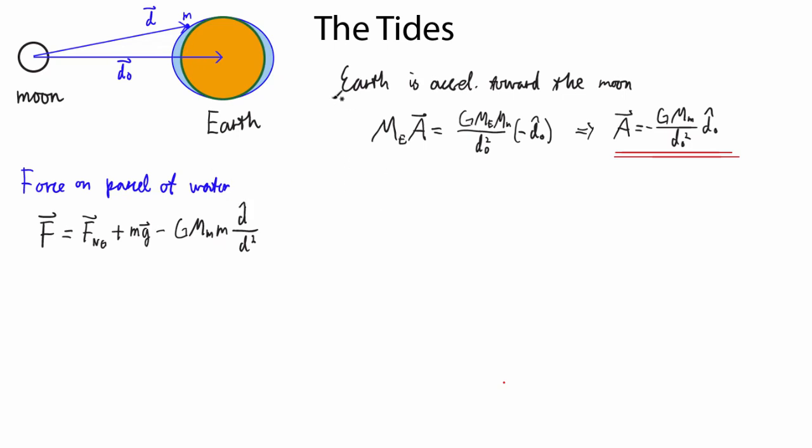Now the Earth is, for our purposes here, a non-inertial reference frame. If it weren't, we wouldn't have any tides. So that's important to take into account.